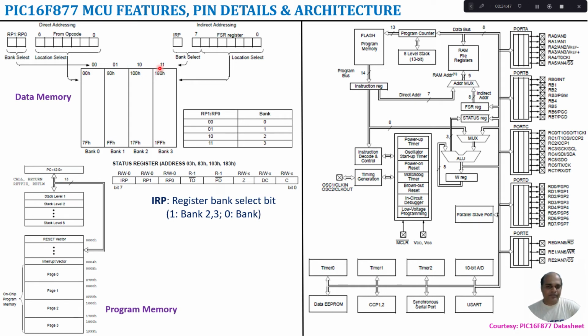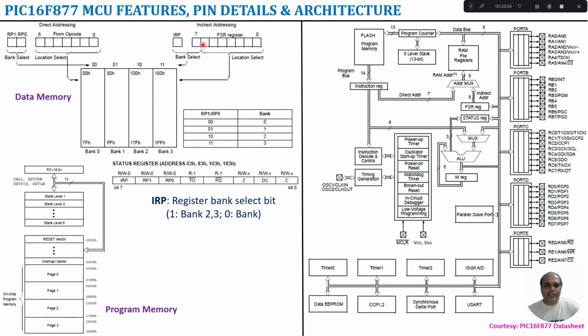So in indirect addressing mode, in my instruction, we will have a register containing an address. The register we are talking about is FSR, the file select register. This is an 8-bit register.